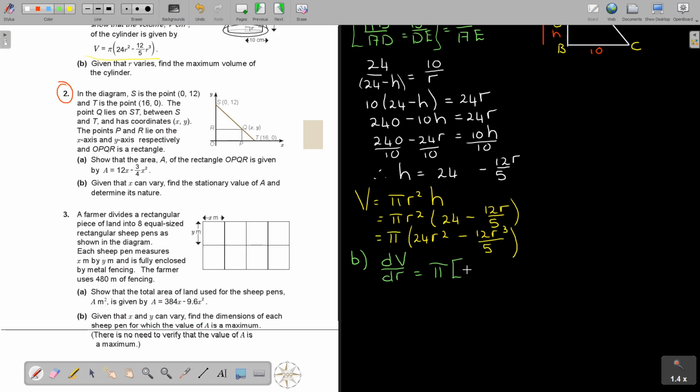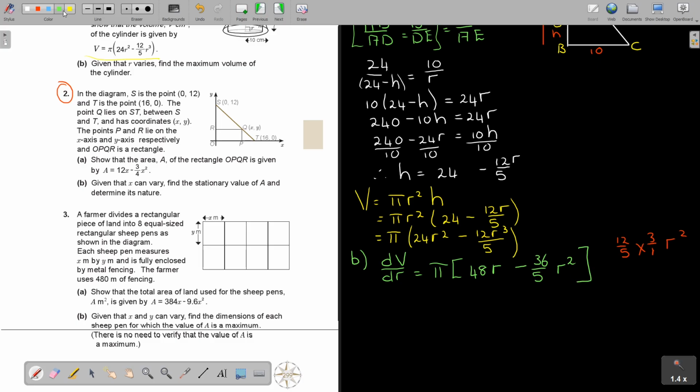So if you multiply there, you will get 48 r minus, this is again just a constant, so it's 12 over 5, and then let's multiply with that 3 over 1, and you subtract 1 from the power, so it's r squared. So 12 times 3 is 36 over 5, and I subtract 1 from the power, so it was r squared. And keep it, the pi is running with them.